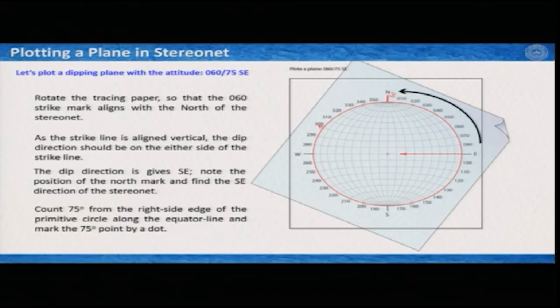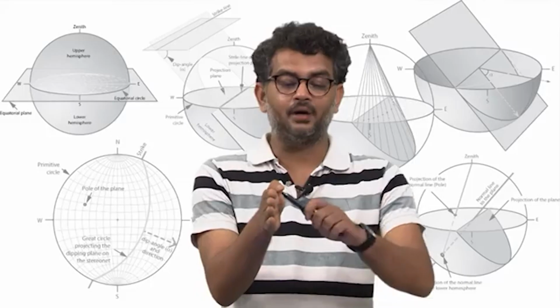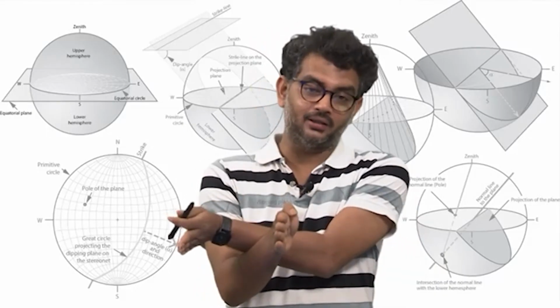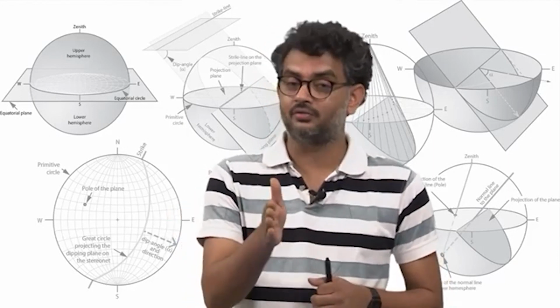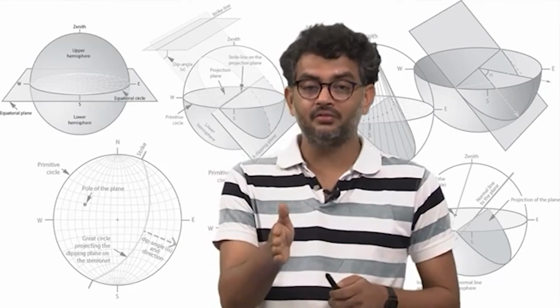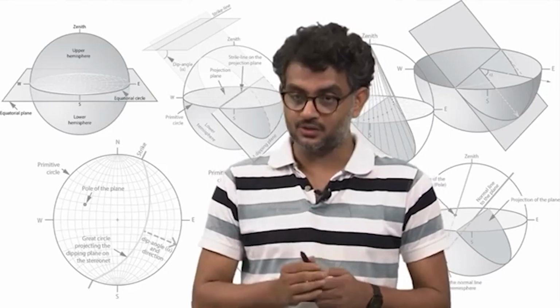Okay. As the strike line is aligned vertical, because this is your strike line and you can see this is aligned vertical, the dip direction should be on either side of the strike line. So, if I have this my strike line, it can dip either this side or it can dip either this side, unless the bed is vertical, but in this case it is not vertical, we know it is dipping 75 degree towards southeast.